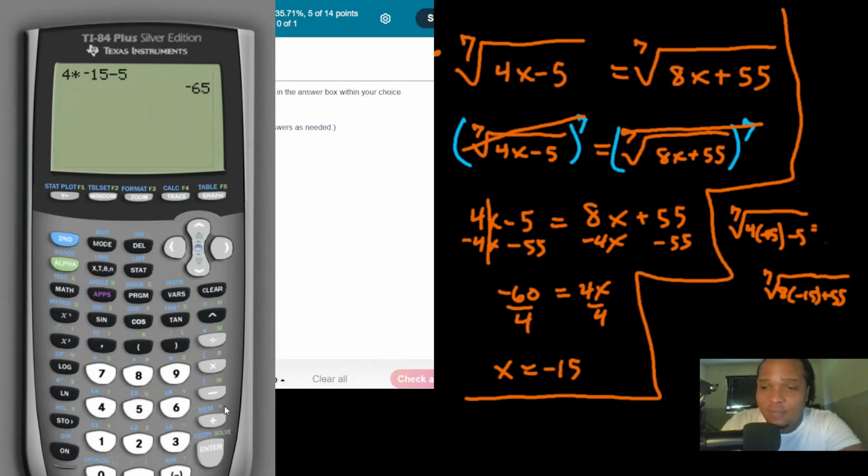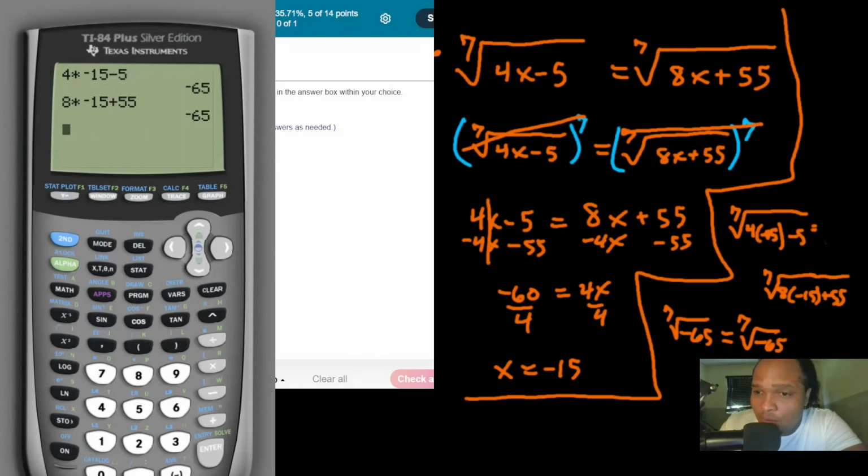We get the 7th root of negative 65 for the first one. Now let's see if we get the 7th root of negative 65 on the right-hand side. So we're going to take 8, multiply it by negative 15, and add 55 to that. And take a look. We do get negative 65. The 7th root of negative 65.